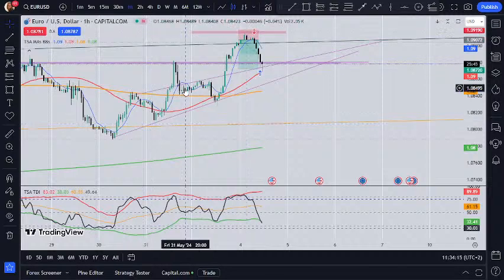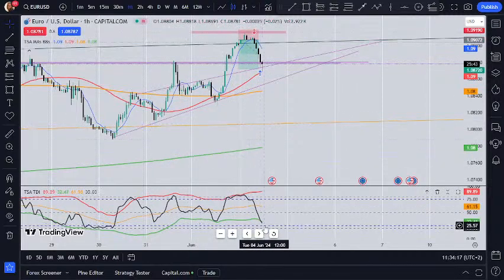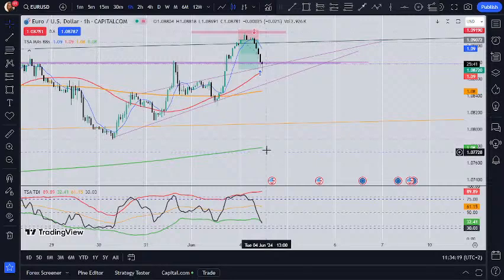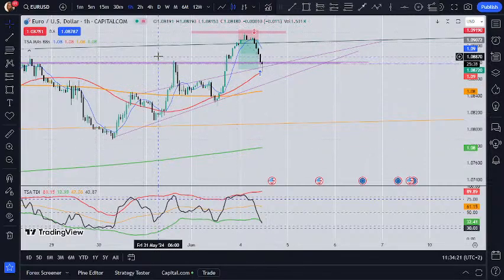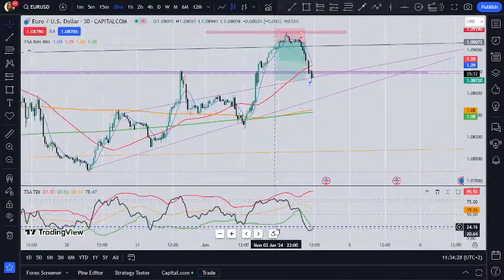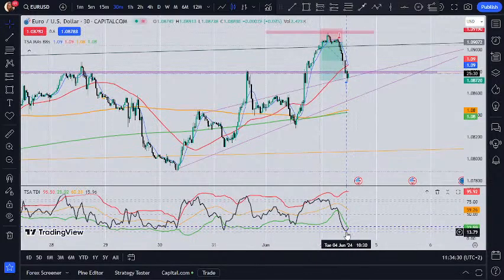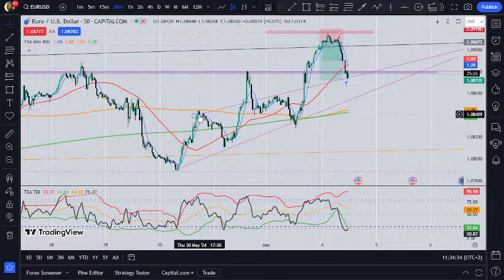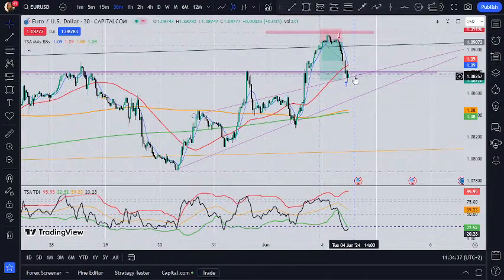I think I'll wait for this to complete a shark fin. Once it does, that's when I'll look to buy. On the 30, it's already a shark fin right there, and see how it reacts beautifully on this trend line right there.